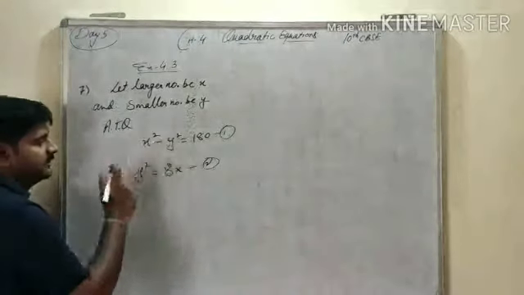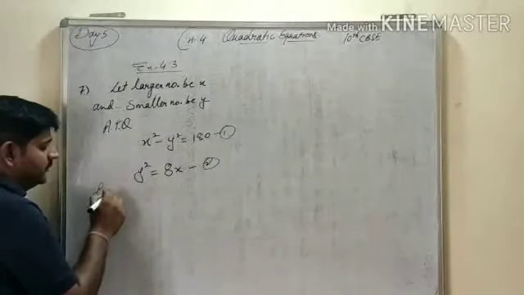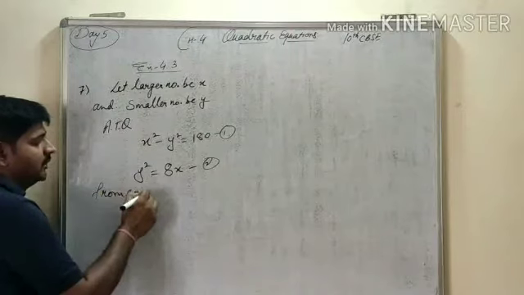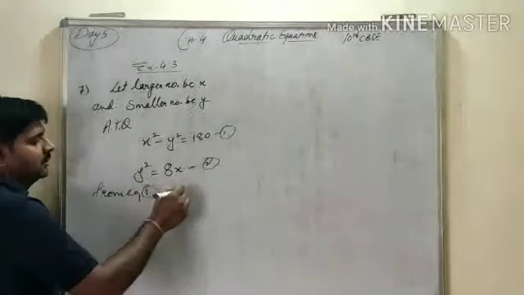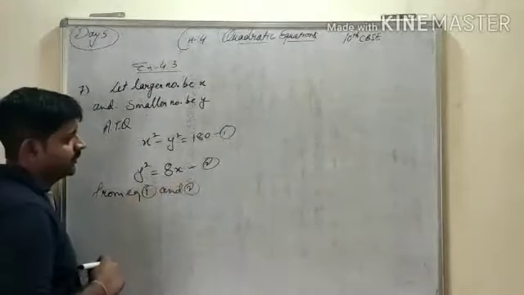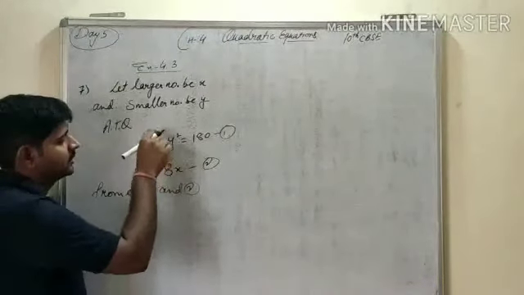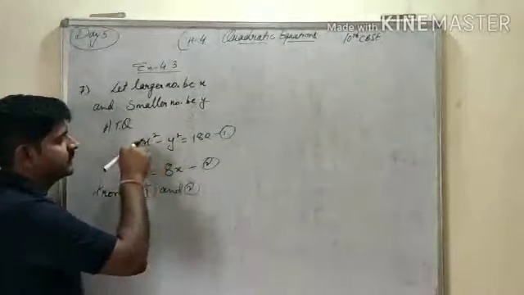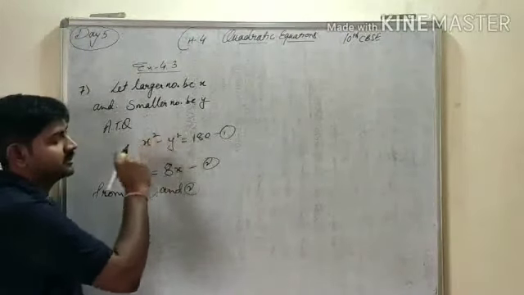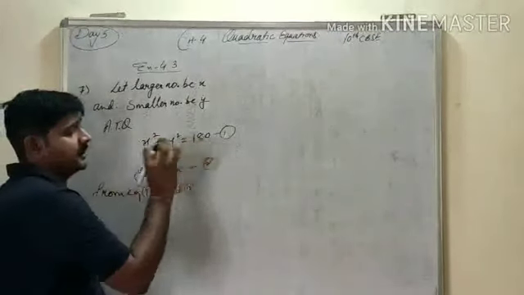If we apply this in the first, from equations 1 and 2, as we know it was given as a difference. So x is the larger one, so the larger one squared and the smaller one squared, their difference is 180.